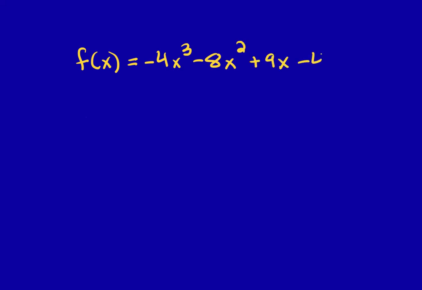All right, now we're going to look at finding the values of maybe our absolute or relative min and max on our graphing calculators. So we're going to use this function, f of x equals negative 4x to the third minus 8x squared plus 9x minus 4. So grab a graphing calculator.